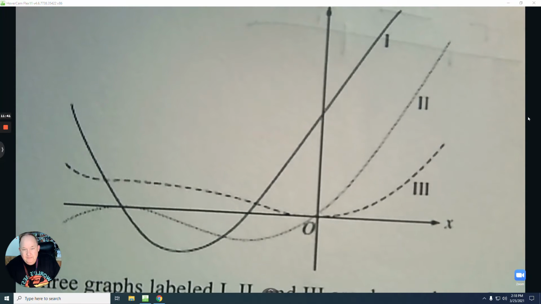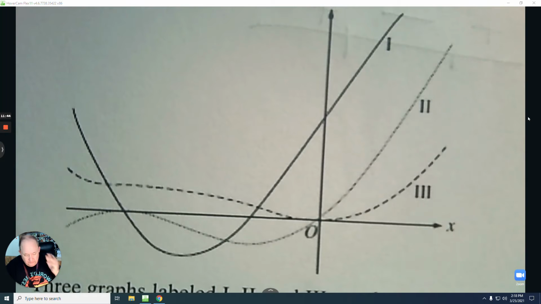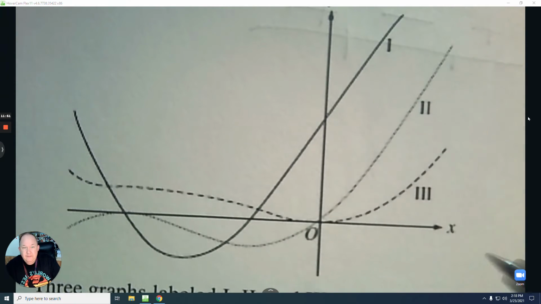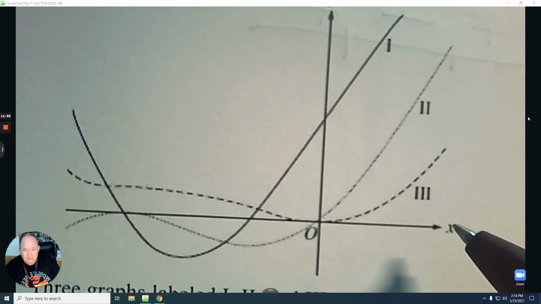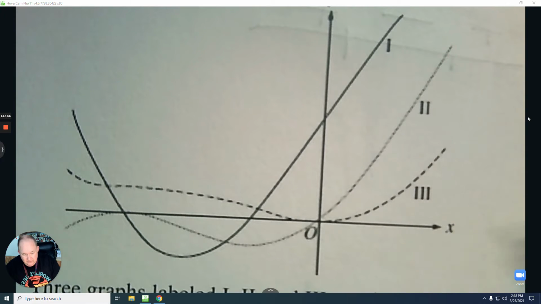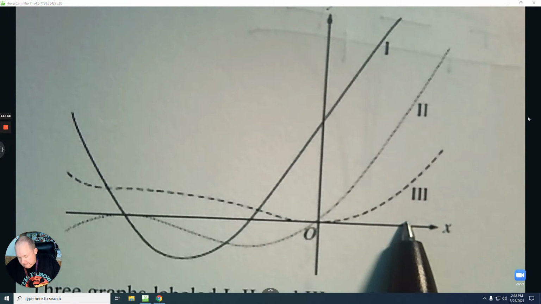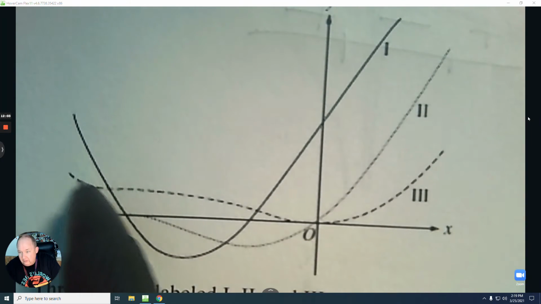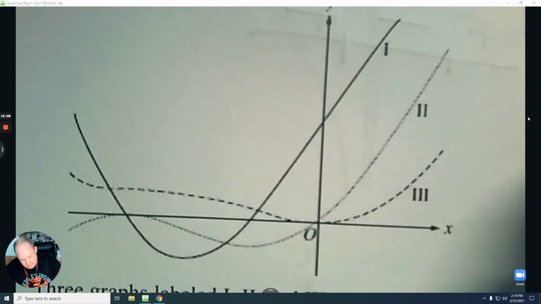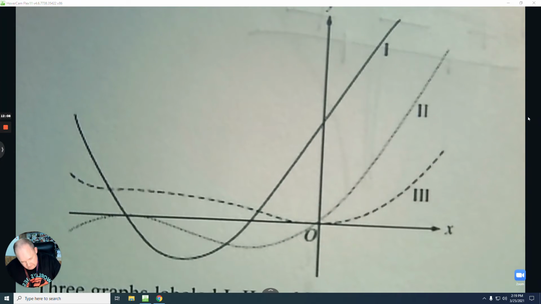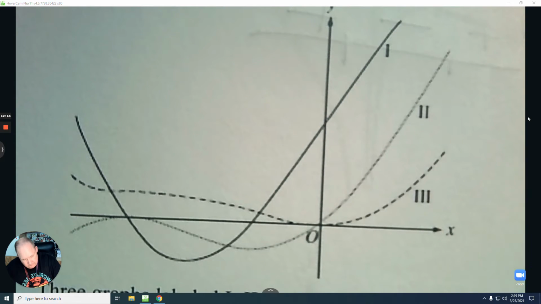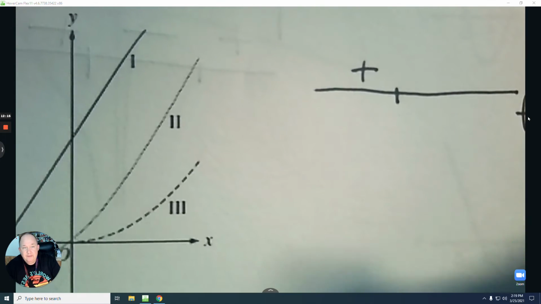In number 20, you have three graphs. One is the function, one is the derivative, and one is the second derivative. And then when you look at it, you need to think of increasing and decreasing, and you need to think of concavity. So if you look at number 3, number 3 is first, it's concave up. And I'm going to write it like that.